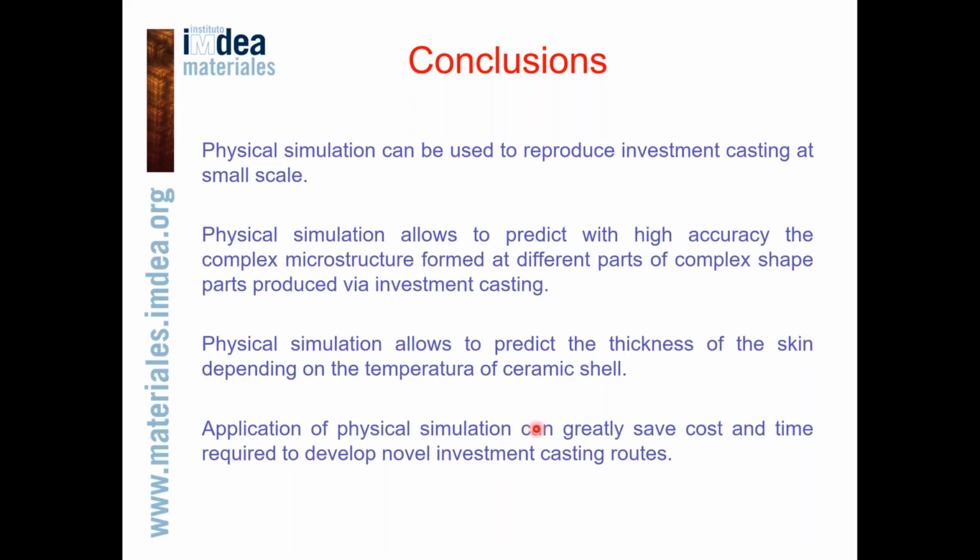It also allows us to predict the thickness of the skin depending on the temperature of a ceramic shell. And application of a physical simulation tool can greatly save cost and time required to develop novel investment casting routes.